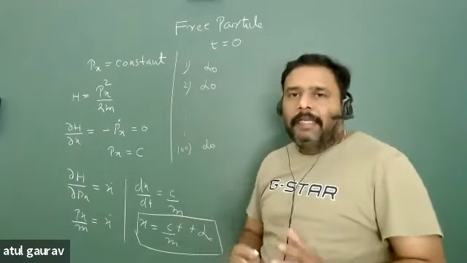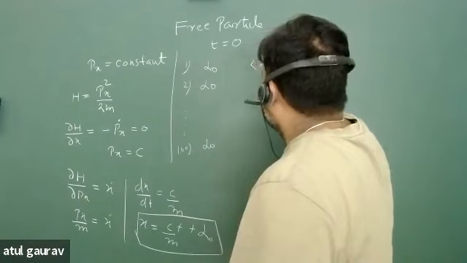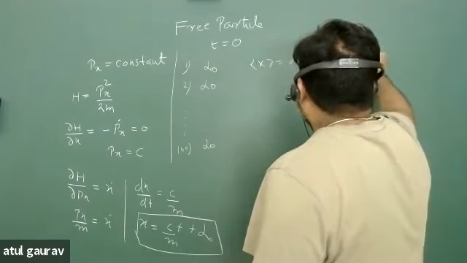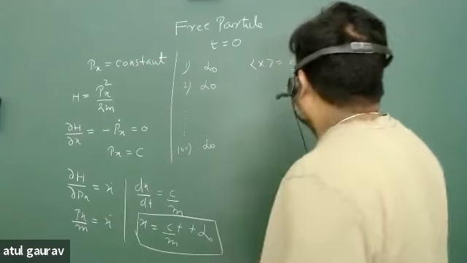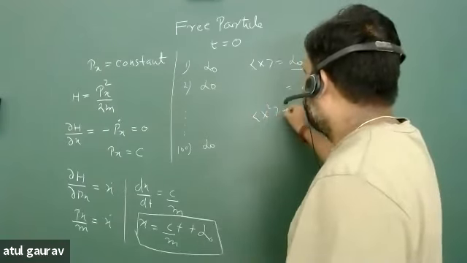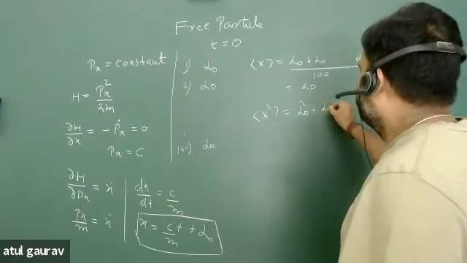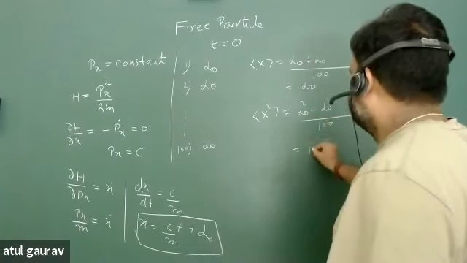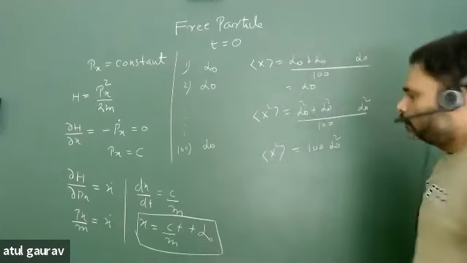If you want to find the average value of position, that is alpha naught plus alpha naught up to alpha naught, taken 100 times, divided by 100, so that will be alpha naught. If I want to calculate x square, you calculate alpha naught square, alpha naught square, 100 times, divided by 100, that is alpha naught square.